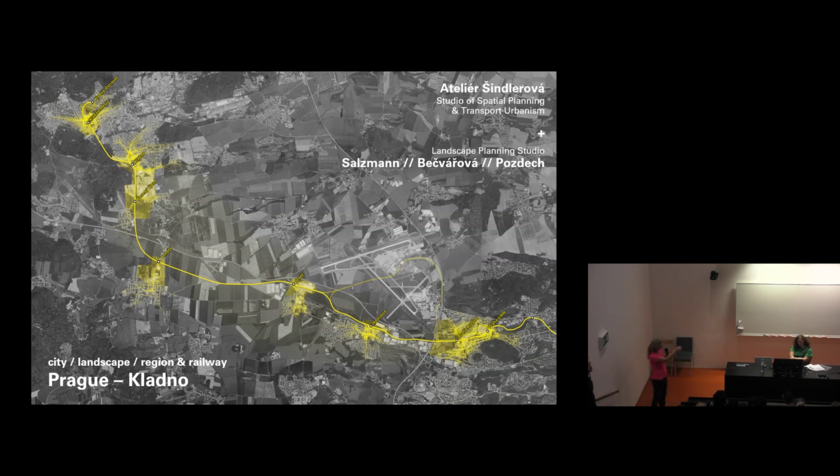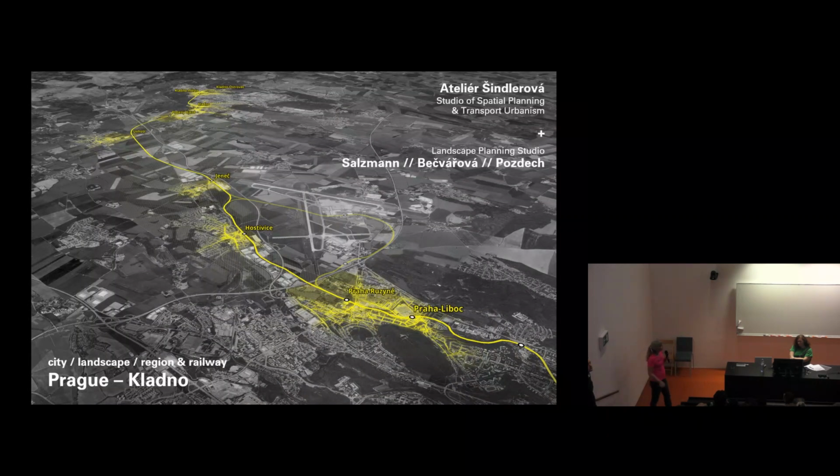There is an existing railway which connects Prague with Kladno, but it is planned to modernize it into a high-speed train with a very good and very fast connection between Kladno and Prague.